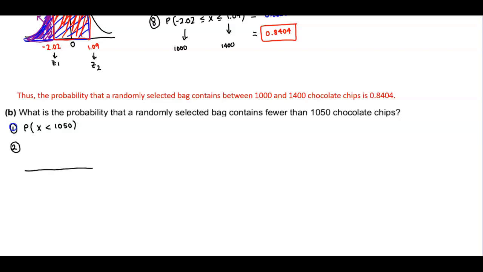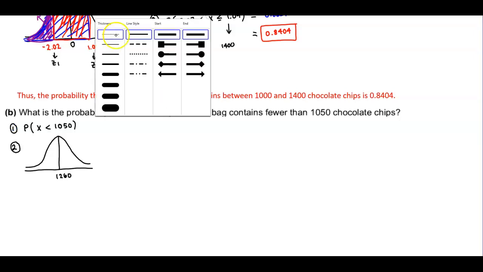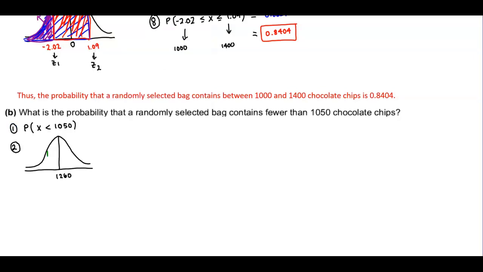So we have our bell curve. Okay, we know that the mean is 1,260. And what we want to find is the area that's less than 1,050, and 1,050 is to the left of 1,260.